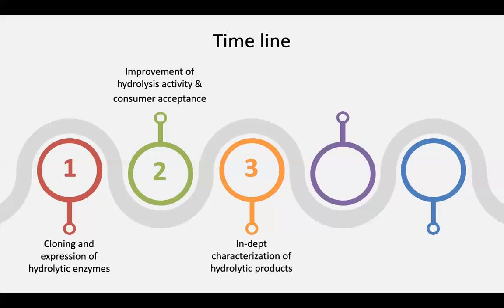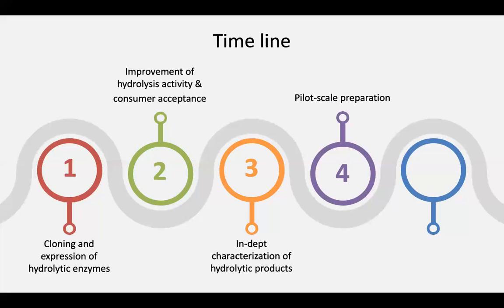But once you have the product, the problem is that the oligosaccharide can be very complex. If you really want to study the product further, you need to do in-depth characterization. And later on, this is when I had to start to collaborate with others, because you want to analyze this product in detail. Once you know everything in detail, then you start to explore more about the function of this oligosaccharide.